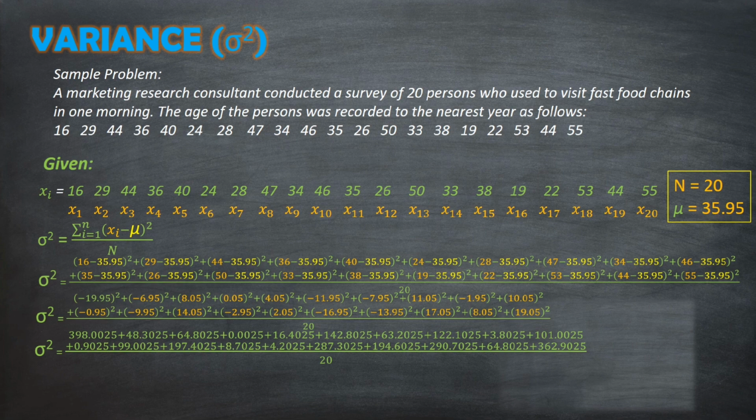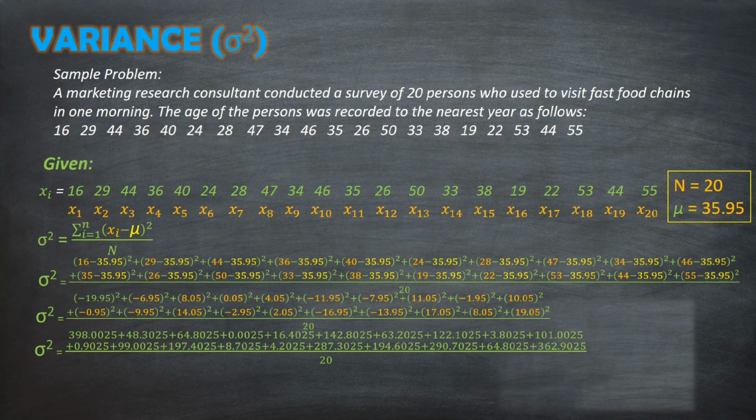So negative 19.95 squared is equal to 398.0025, plus negative 6.95 squared, which is 48.3025, plus 8.05 squared, which is 64.8025, and so on up until you reach 19.05 squared, which is 362.9025. So those are the squares of each difference of x sub i minus μ.